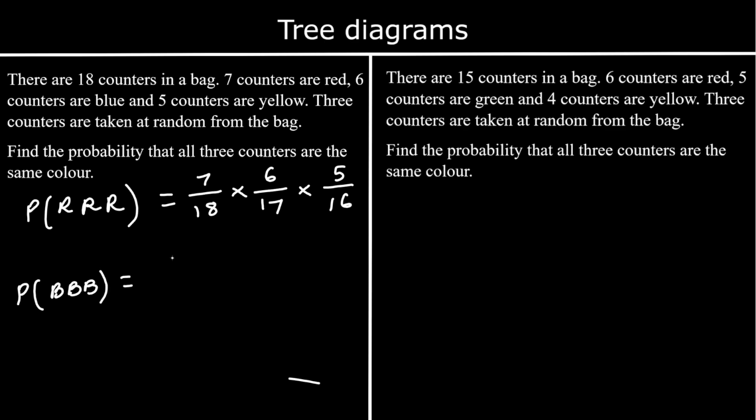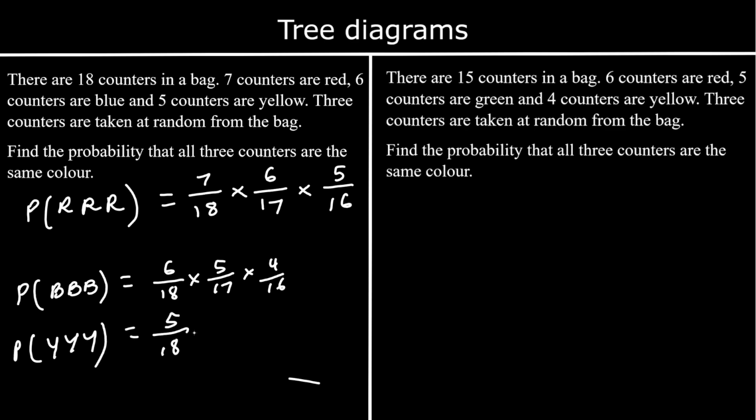So there are 6 blues to start with, so it'd be 6 out of 18 times 5 out of 17 times 4 out of 16. And the same for the yellows, that'll be 5 out of 18 times 4 out of 17 times 3 out of 16. So I can work out all those probabilities and add them together.